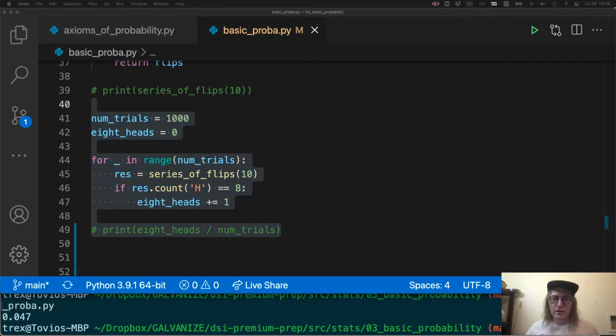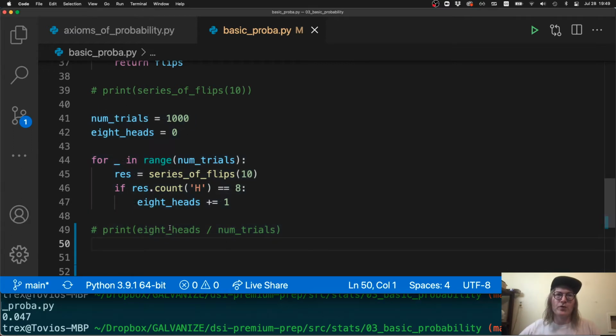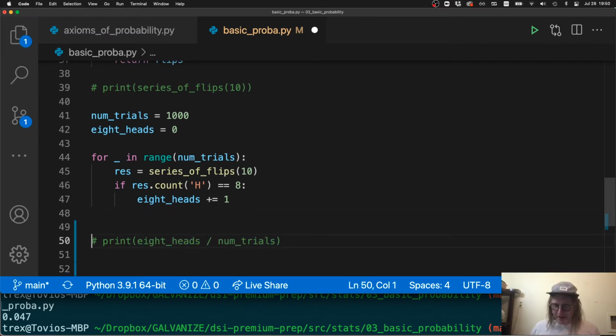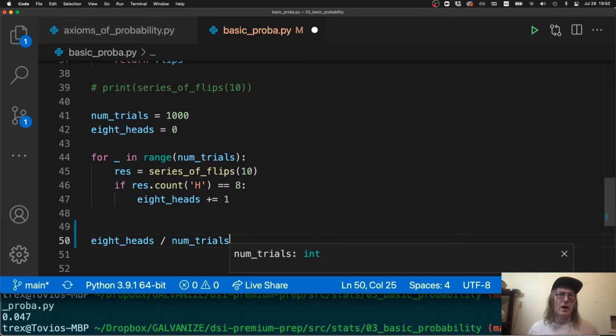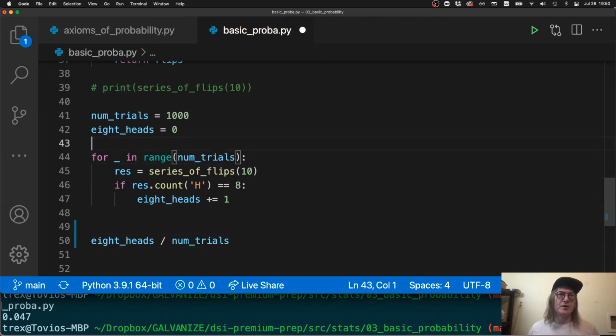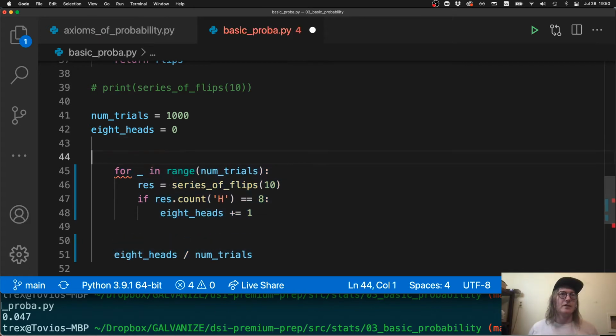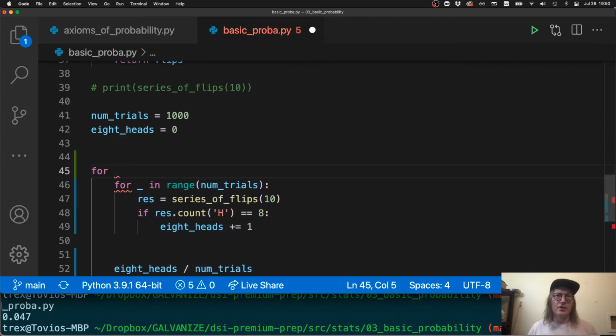If you run this over and over again and collect this result, you know what? We've got a couple minutes. I think we're a little bit ahead, so let me just do that, okay? Instead of doing this, why don't we do this whole thing another 1,000 times? So whatever in range, we'll do this 1,000 times.